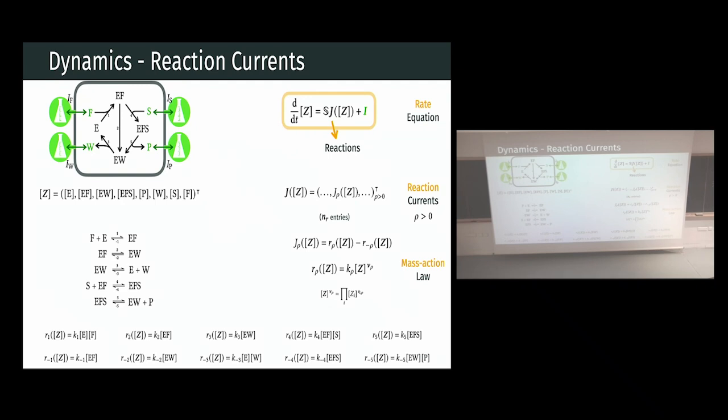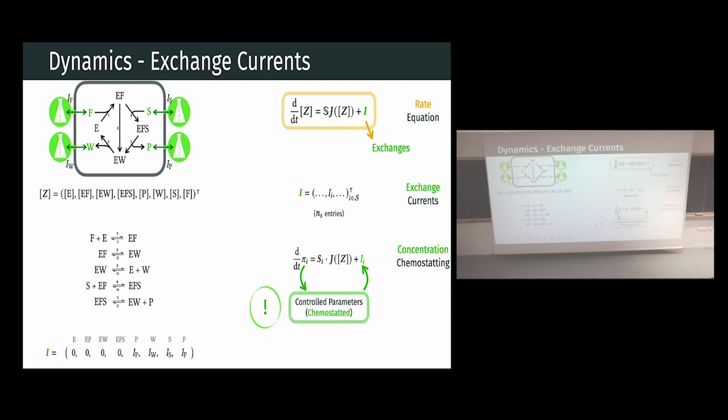Last term. No, sorry, yes. I want to stress that this is just for ideal dilute solutions. Okay, the last term accounts for the exchanges with the environment. Okay? For example, here, you have all the exchanges with the environment for the species F, W, P, and S. So if you look at this exchange current, for the example, you have null entries for the species that are not exchanged with the environment, like E, EF, EFS, EW.